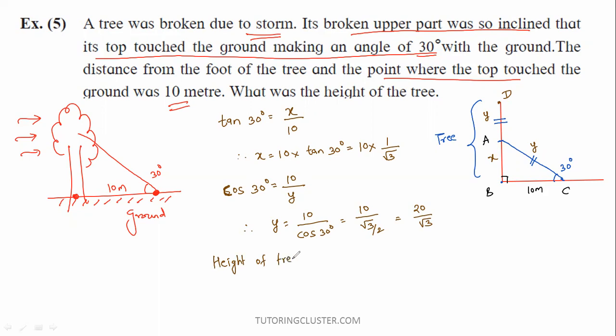Height of the tree is equal to X plus Y, which is 10 upon root 3 plus 20 upon root 3, which is equal to 30 upon root 3 meter.